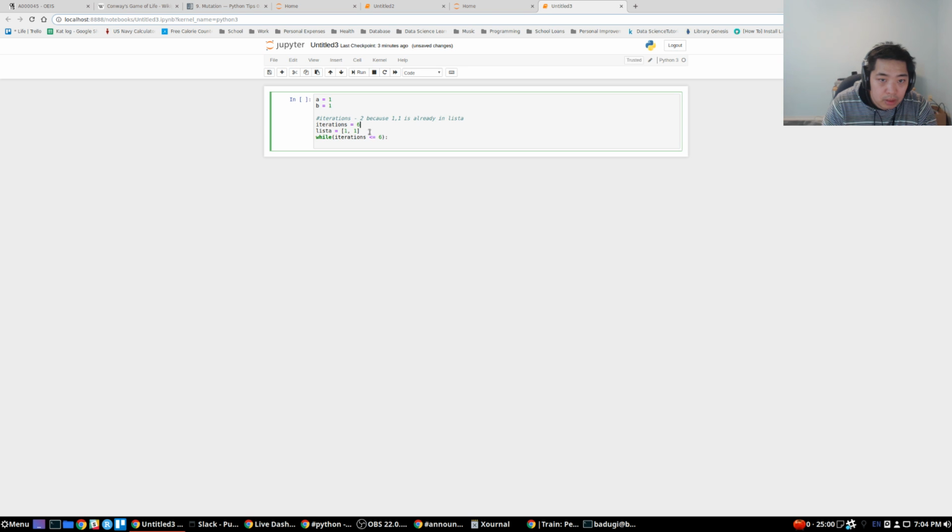Oh, wait a minute. Why am I doing this? What's the point of iterations? Just do a while. Let's just do a count equals 0, 0, 1, 2, 3, 4, 5, 6, 7, 8. So you'd actually have 9 values. I'm making it way harder than it really is.